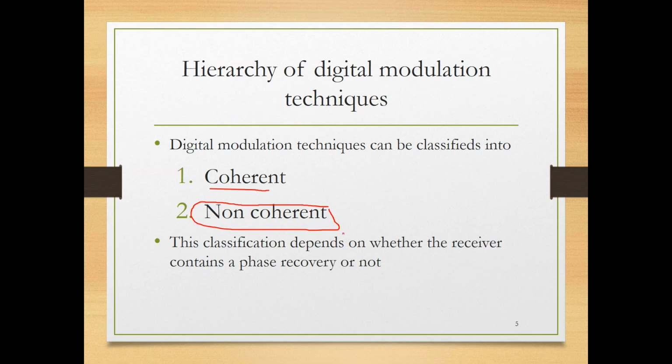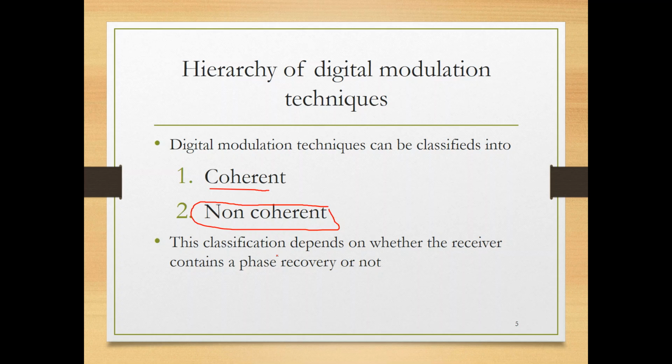However, when your concern is simplicity, you don't want too much complexity, like for Internet of Things applications, the devices are small and limited in resources in terms of battery, power, memory, computing. The receiver cannot afford too much complexity, then you want something simple, so you accept to use non-coherent modulation.